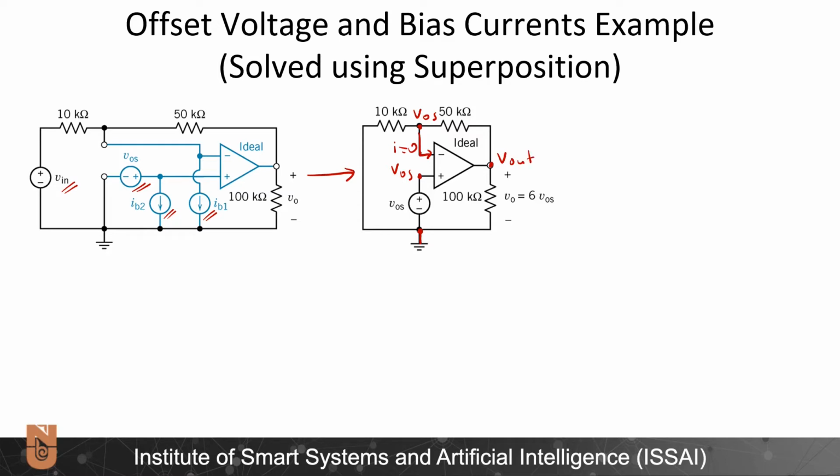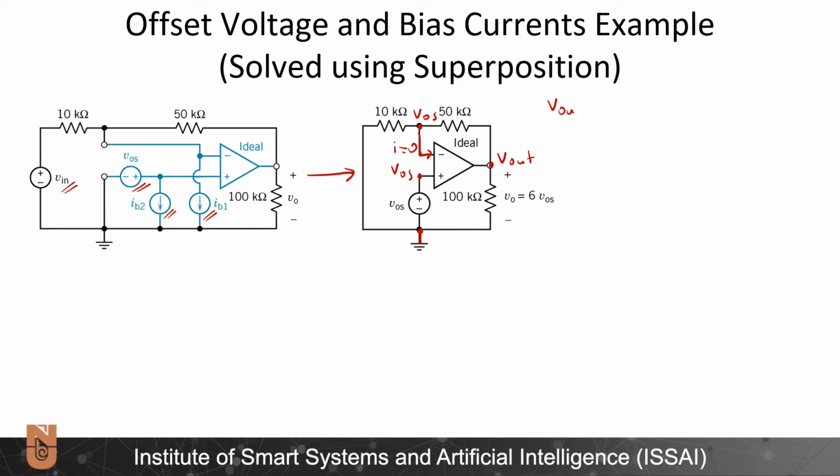So I would like to point out that even though we are working with a more complicated model of the operational amplifier, when I am solving all of these sub-circuits, I am solving it according to the rules of the ideal operational amplifiers. So how can I find V out?